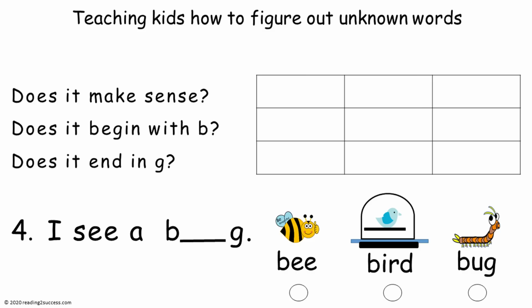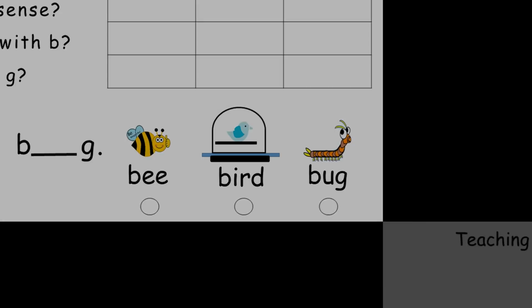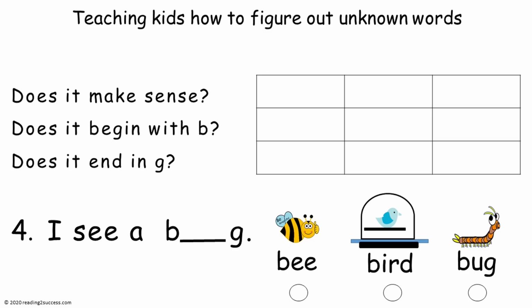This activity has a set of 3 words, bee, bird, and bug. They all have different letters, and kids have to look through the entire word to fit the correct word into the sentence. So we'll complete each sentence with each of the words.